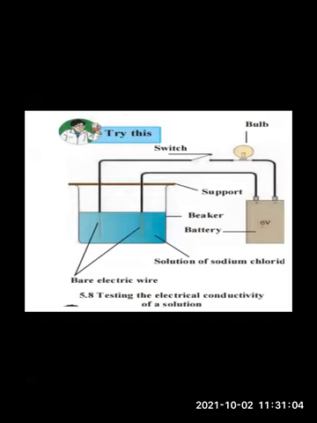From this activity, what you learned is that the circuit is found to be complete with only 4 solutions: sodium chloride, NaCl, copper sulfate, CuSO4, sulfuric acid, H2SO4, and sodium hydroxide, NaOH. That means these solutions are good conductors of electricity. Mark and keep it.